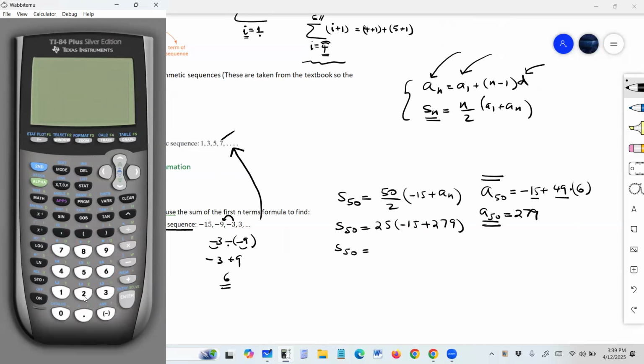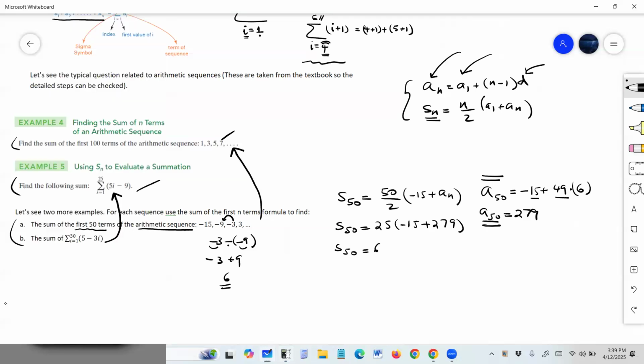So we have 25 times negative 15 plus 279, and we get 6,600. Right? All right, so this is the same as example 4.